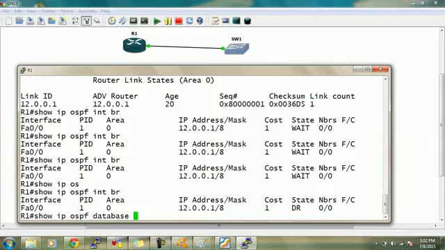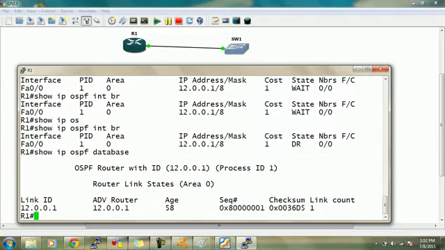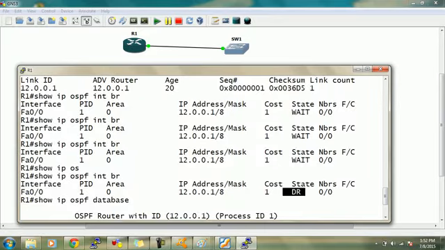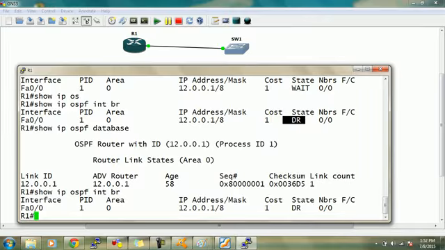Okay. Do you see any type 2 LSA here? There is only router LSA, there is no type 2. This router is elected as a DR, you can see here, but there is no type 2. Why? Always keep this thing in mind.